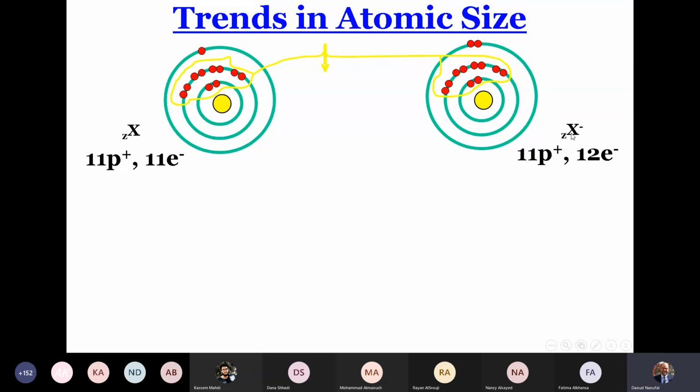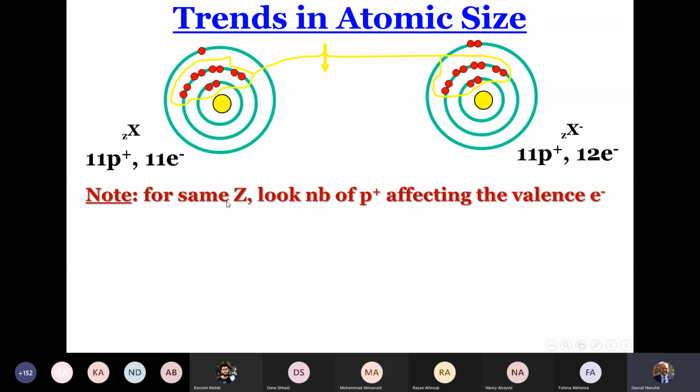In the second, if Z equal 11, I have 11 protons, and X minus is obtained from X by adding 1 electron. So if I suppose that the first has 11 electrons, the second has 12 electrons. So X and X minus have the same Z, so the same number of protons, but a different number of electrons. I cannot use QQ prime, since Z is the same. So what to do? What is the second rule?